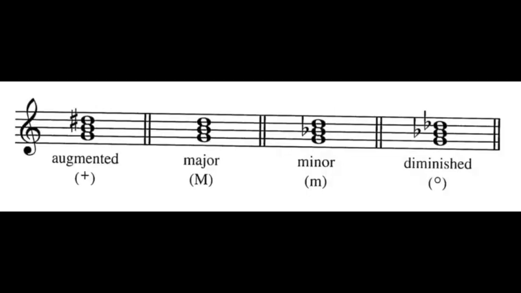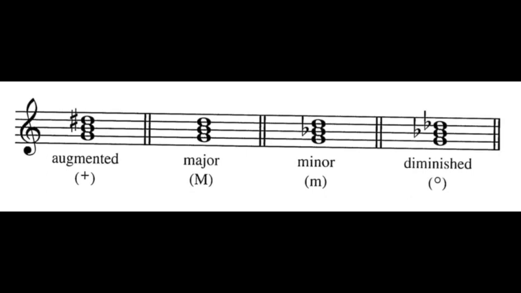So we can see here their names and how they look when they're stacked on top of each other. Our augmented triad is notated using a plus symbol. Our major triad uses a capital M. Our minor triad uses a lowercase m.